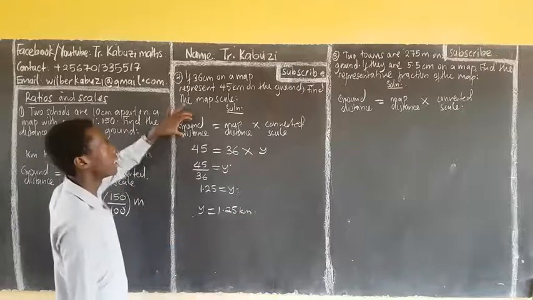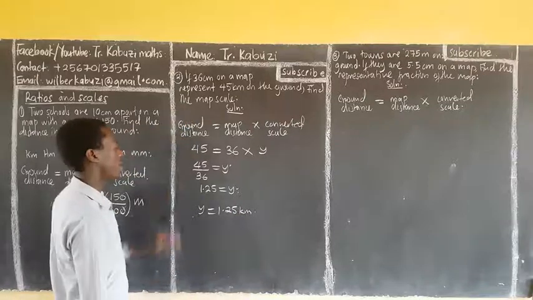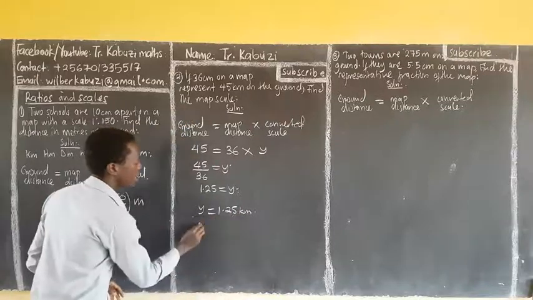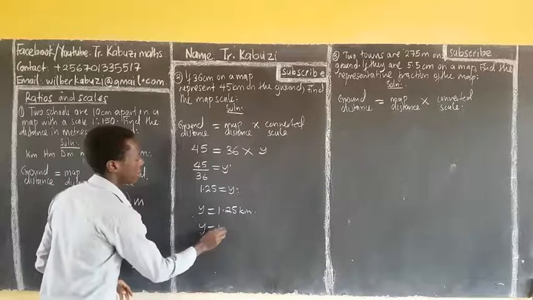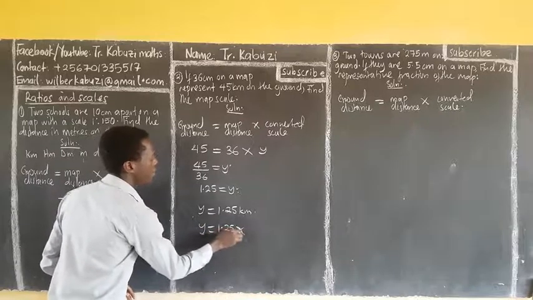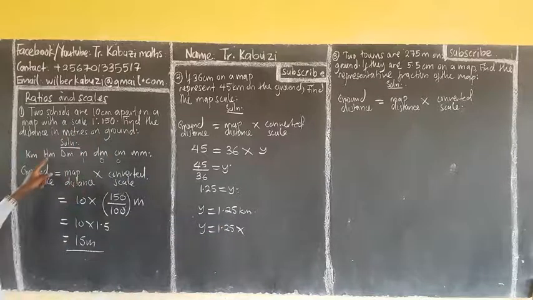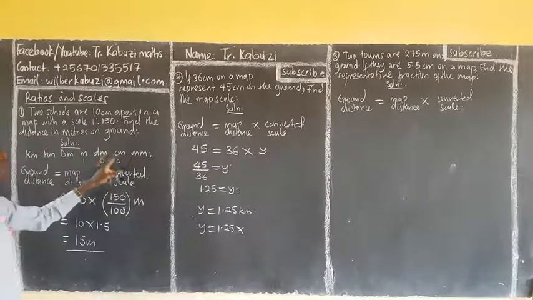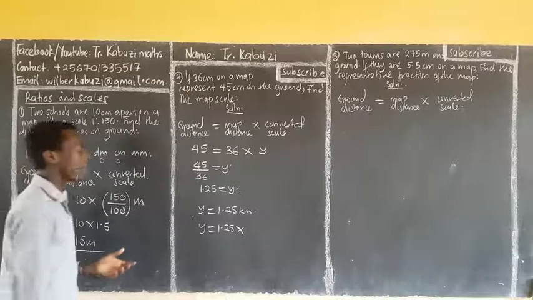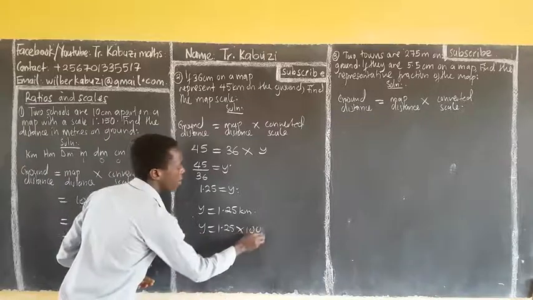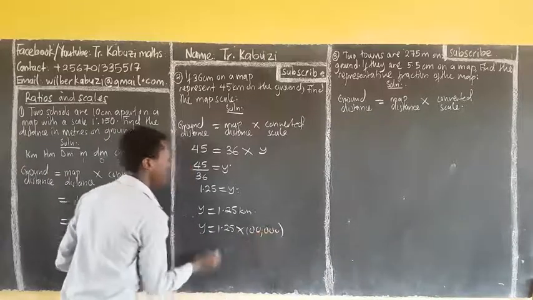We know the ground units are kilometers, so y is 1.25 times 1 kilometer. 1 kilometer has 100,000 centimeters.